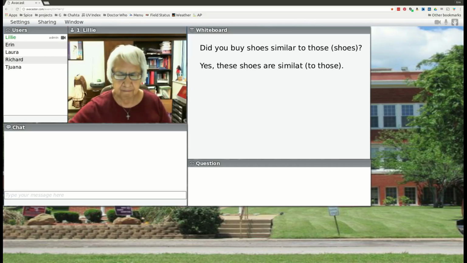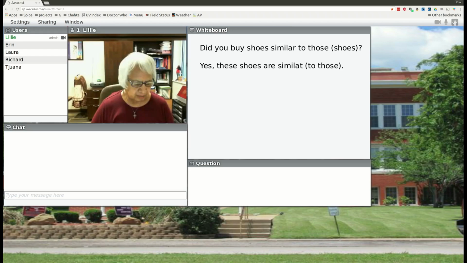So again, hulba means to be similar, to be like, to resemble something else. And usually the comparisons are shown by using the term those or these.